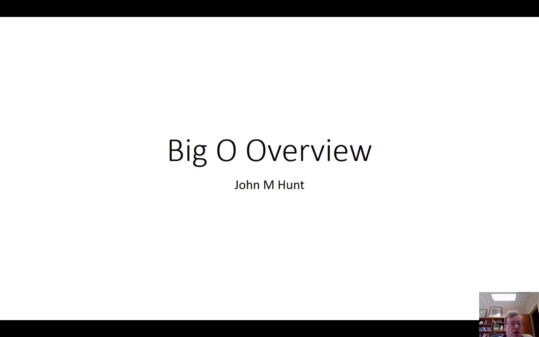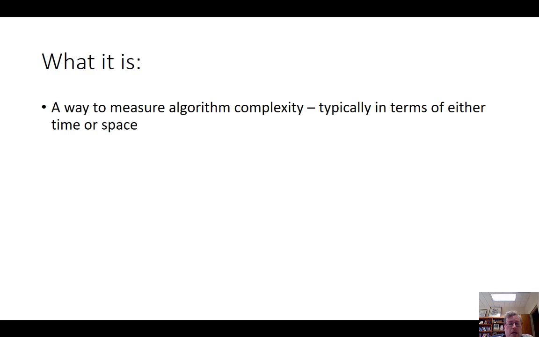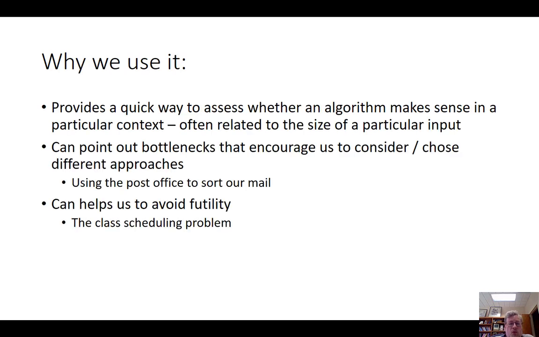I call this the Big O overview. So what it is, Big O is a way to measure algorithm complexity, typically in terms of time or space, but we're going to focus on time. Most people do, okay? Why we use it. It provides a quick way to assess whether an algorithm makes sense in a particular context.